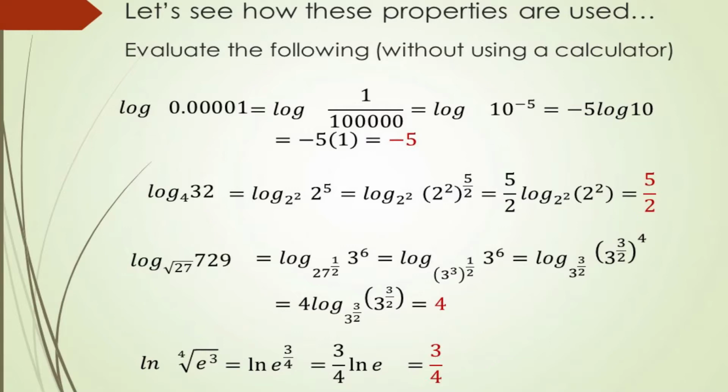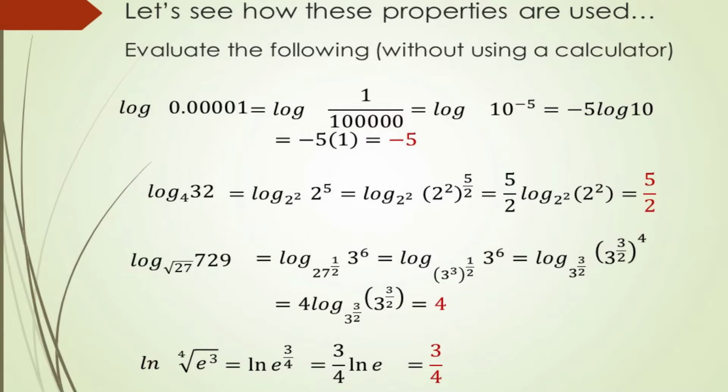Okay? So another one. We have log 729 with a base square root of 27. To evaluate that one, that will become log 3 raised to 6. And then the square root of 27 will be 27 raised to 1 half, which will become 3 raised to 3 raised to 1 half.